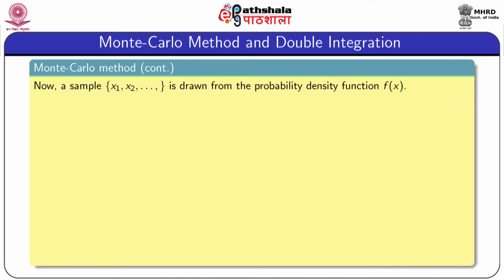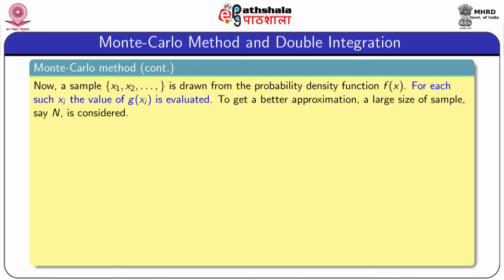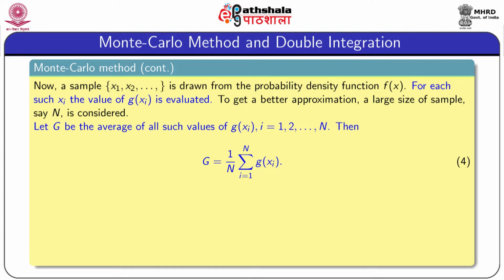Now, we consider a sample x1, x2, and so on, drawn from the probability density function f(x). For each such x, the value of g(xi) is evaluated. To get a better approximate value, a large sample size, say capital N, is considered to get a better result.